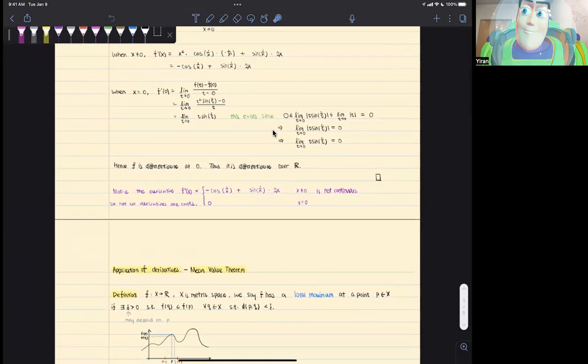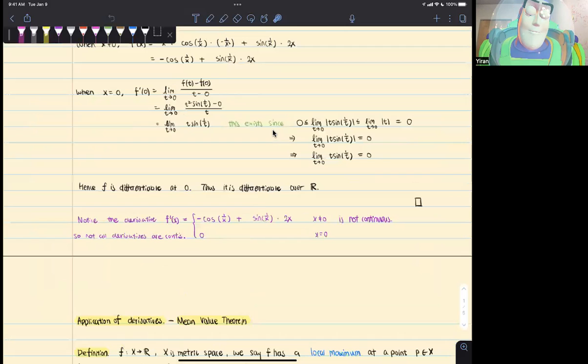There are many ways to show a limit exists. First of all, you can use the very traditional epsilon-delta definition, or you can show it using sequences, right?